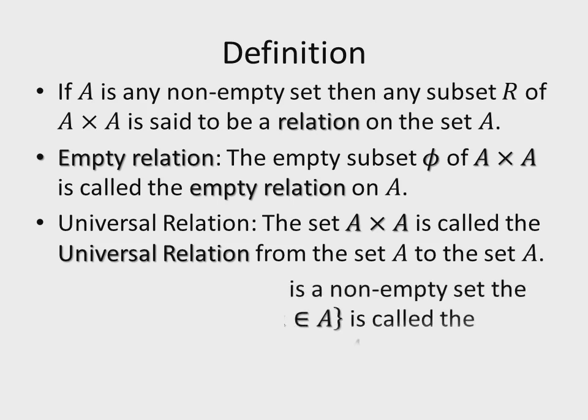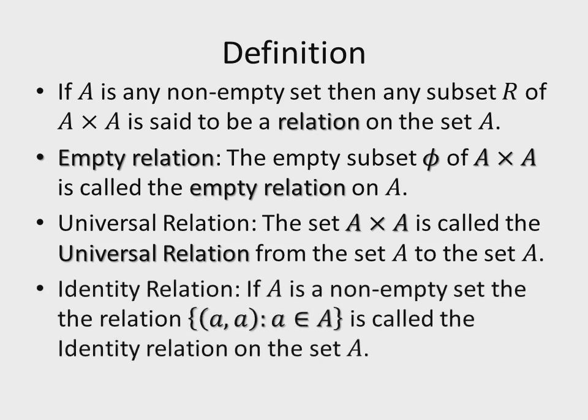There is one more particular type of relation, the identity relation. If A is a non-empty set, the relation which relates every element of A to itself is called the identity relation on the set A.